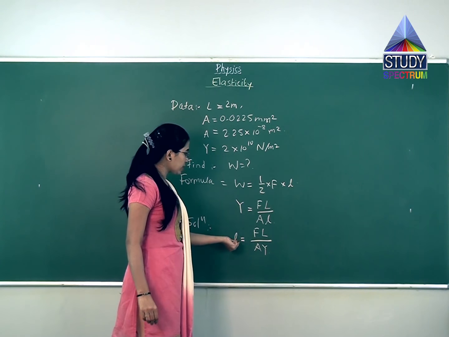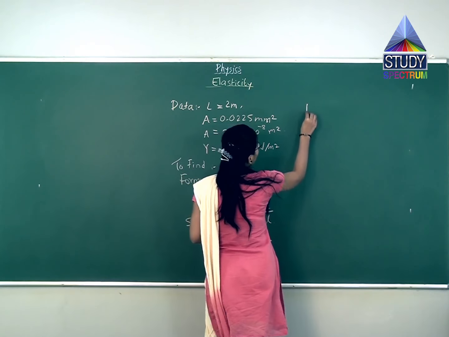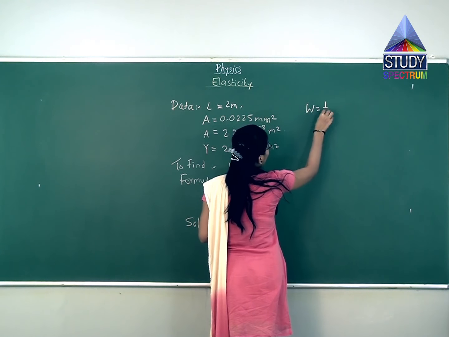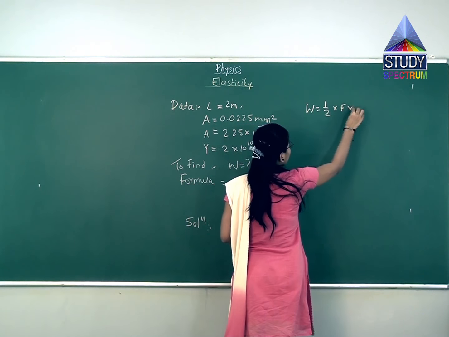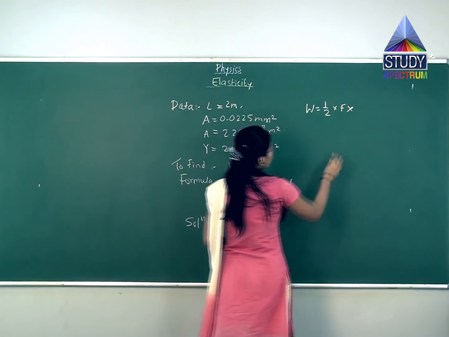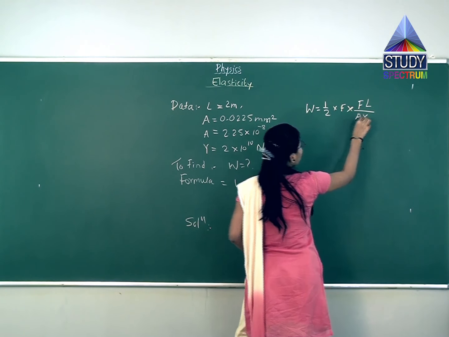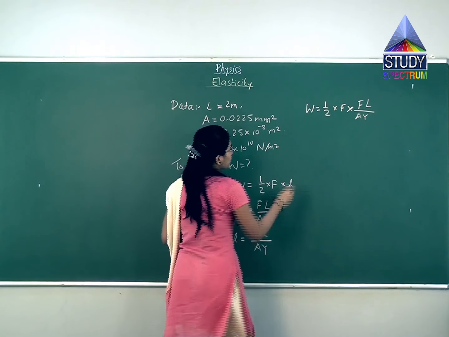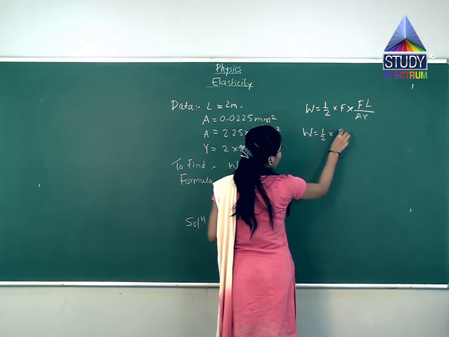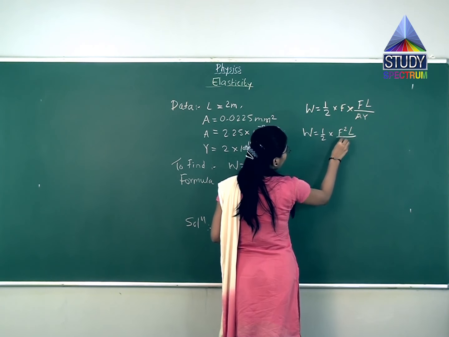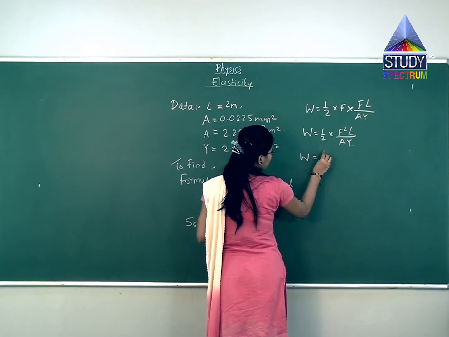Now we will substitute this l in our original formula. So W is equal to half into F into the expression for small l, so it will be F into L upon A into Y. So you can see the formula becomes half into F square L upon AY. So let us substitute the values.